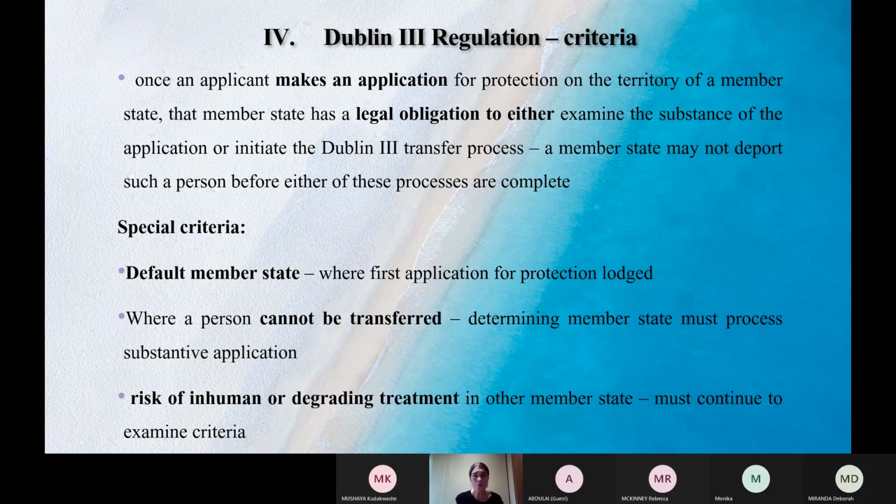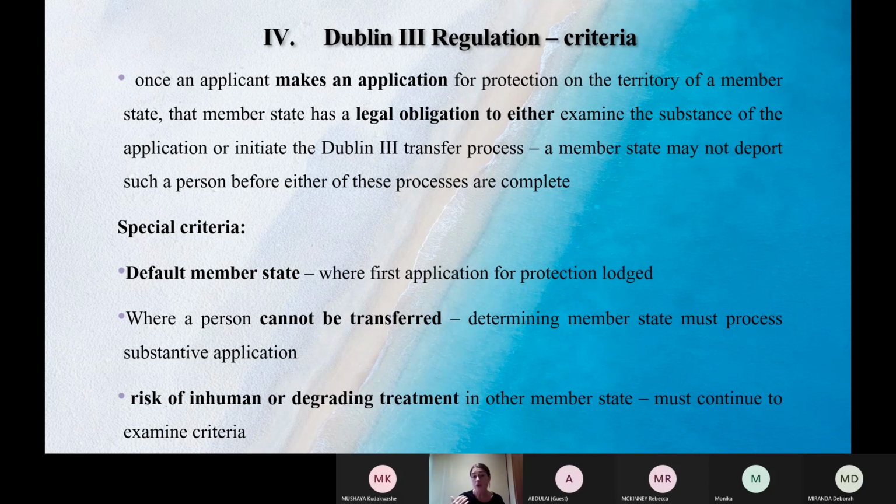So what are the criteria in substance that attach to this Dublin 3 regulation? There are a few special criteria. The default member state, if all the other criteria are looked at and none of them apply, is where the asylum application was first lodged. So that's the default position.